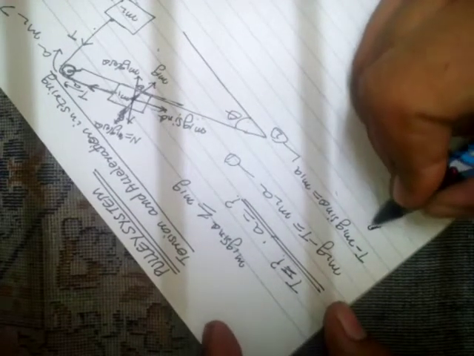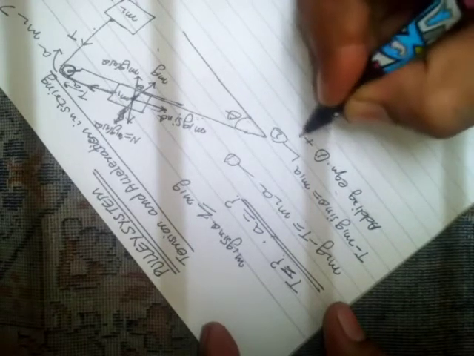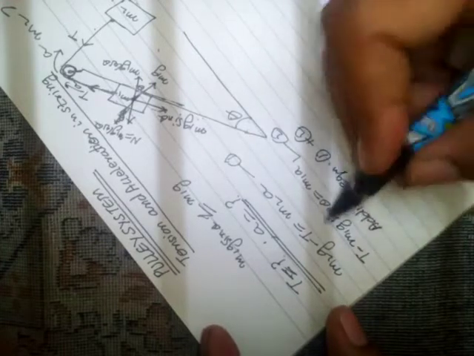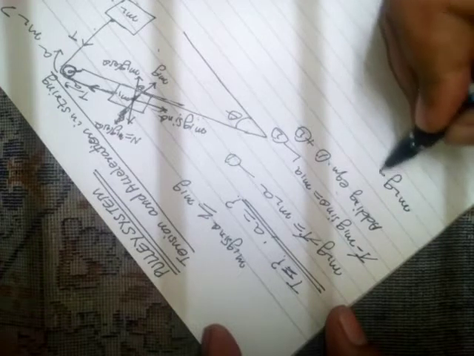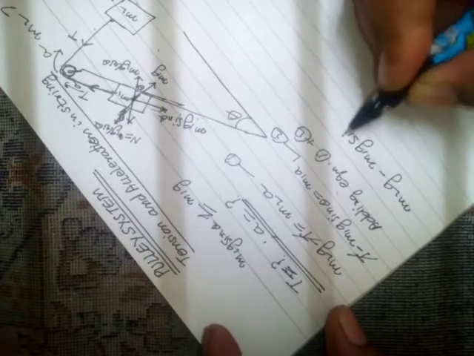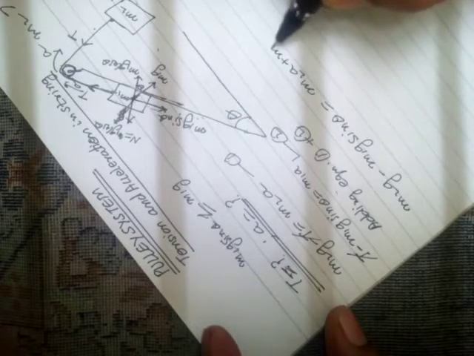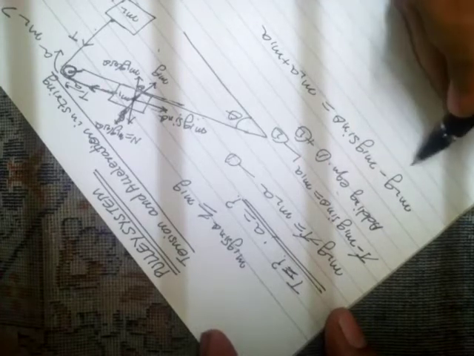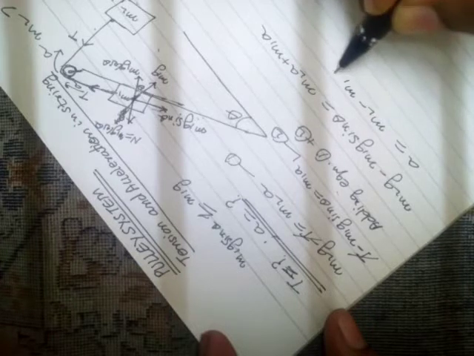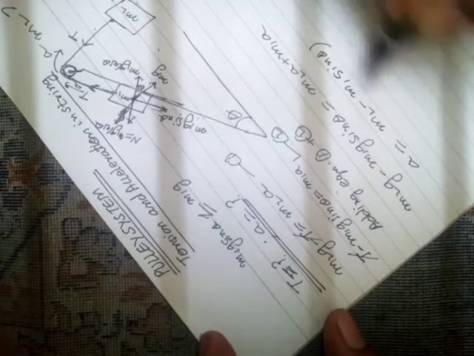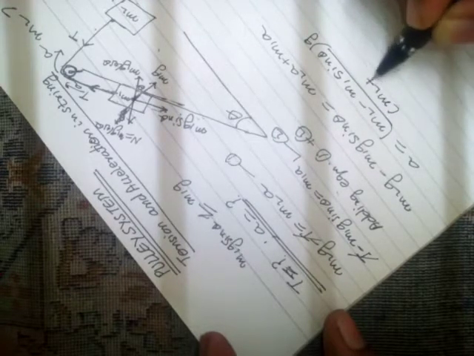Adding equation 1 and 2. What we get? T and T would be cancelled out. So we shall have m2g minus m1g sin theta is equal to m2a plus m1a, or we can say a equal to m2 minus m1 sin theta into g upon m2 plus m1.